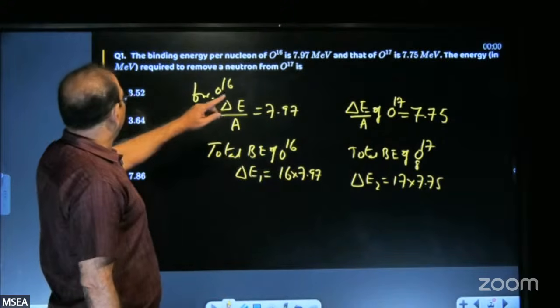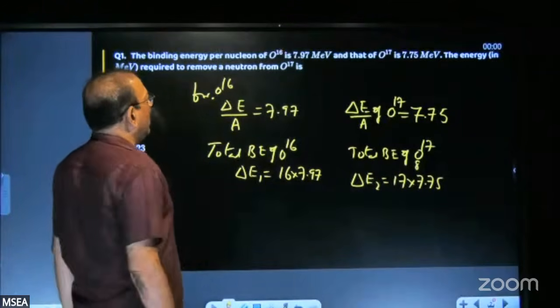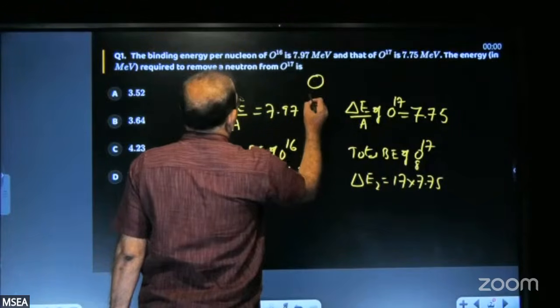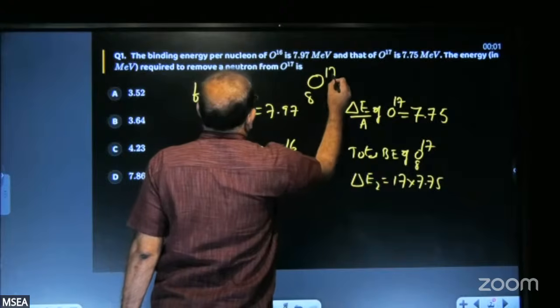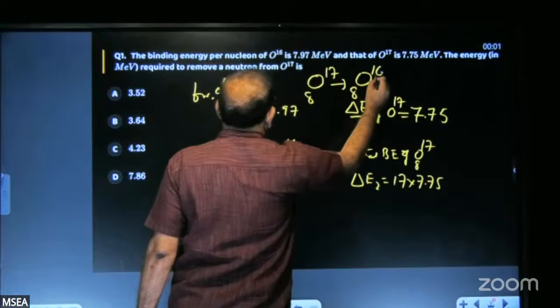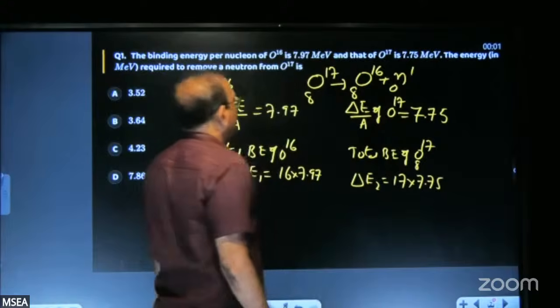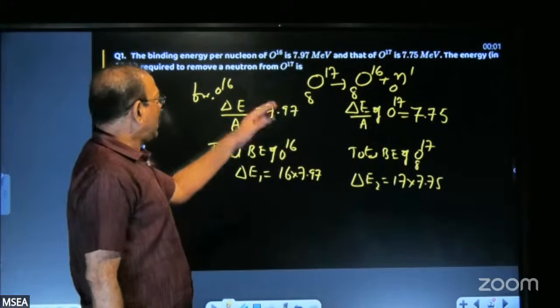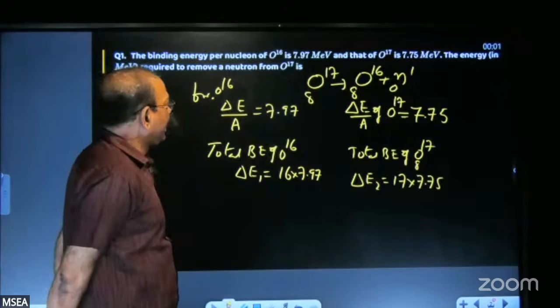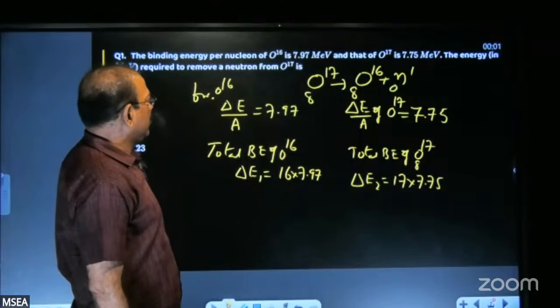What is the question now? The energy required to remove a neutron from oxygen 17. Oxygen 8O17 should convert to oxygen 8O16 by releasing one neutron. For this process, how much energy is required is what it is asking.